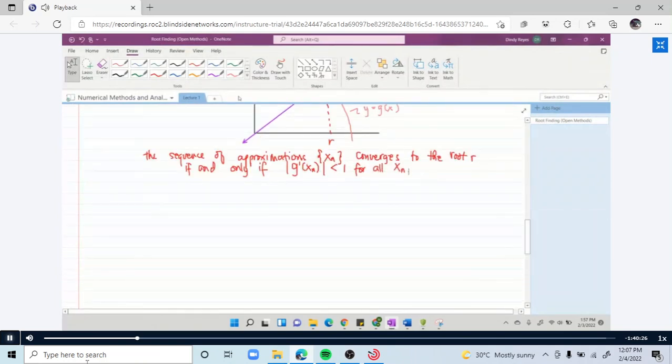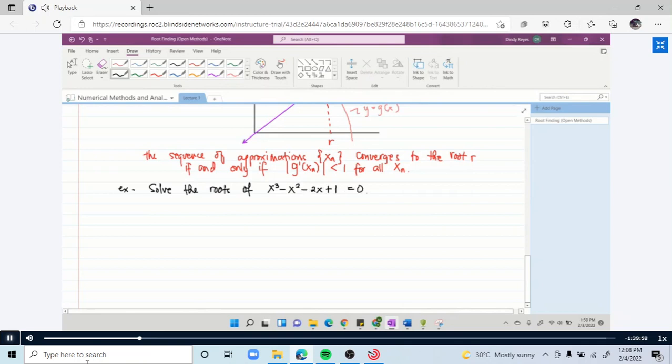Let's answer this example. Solve the roots of the equation x cubed minus x squared minus 2x plus 1 equals 0.